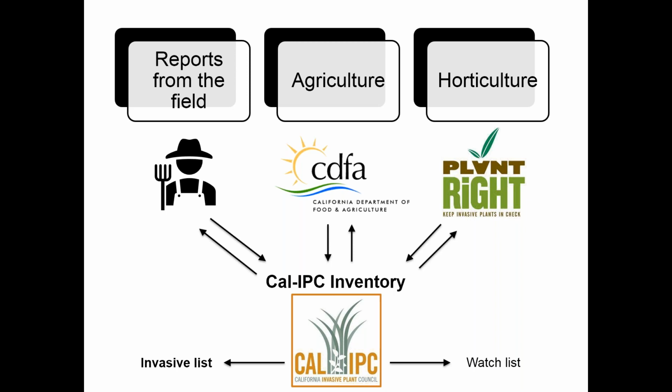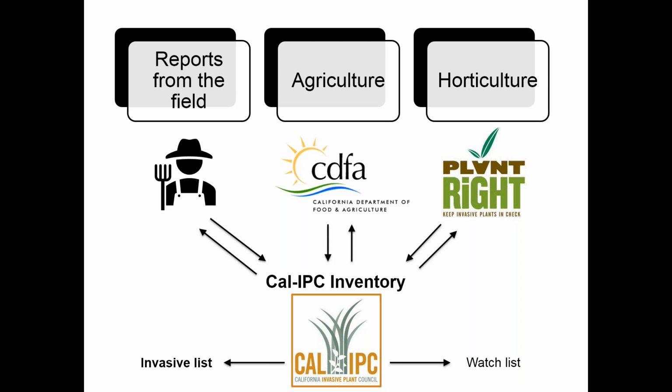And we have a listserv also that is a forum for that. So when we begin to see names of plants coming up, we snag those species and put them in a gigantic spreadsheet, which is our mother document for potentially invasive plants that are on our radar.